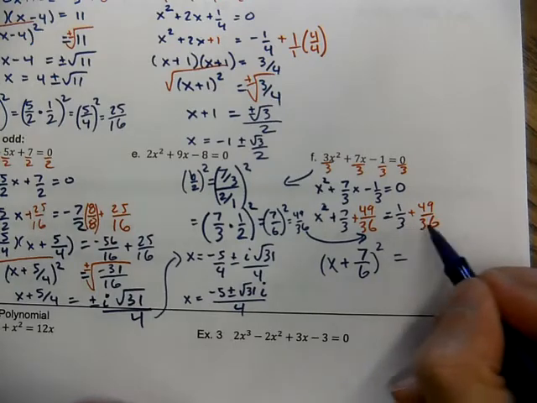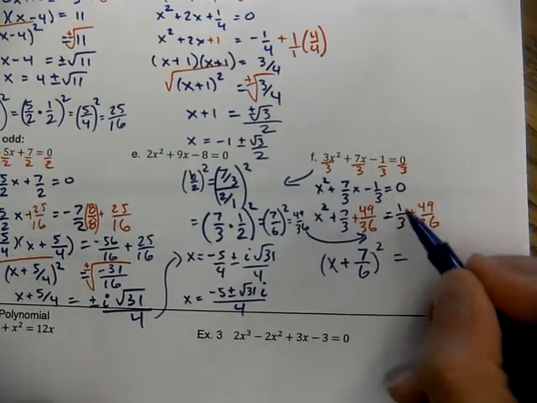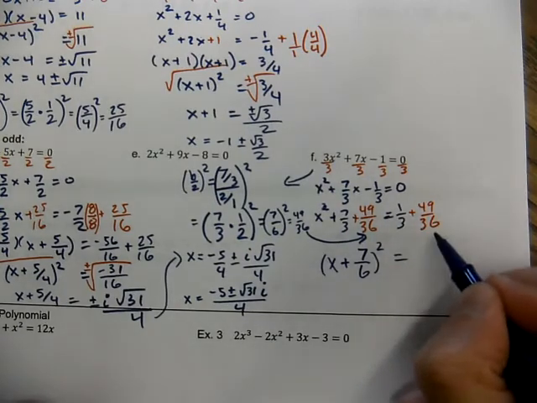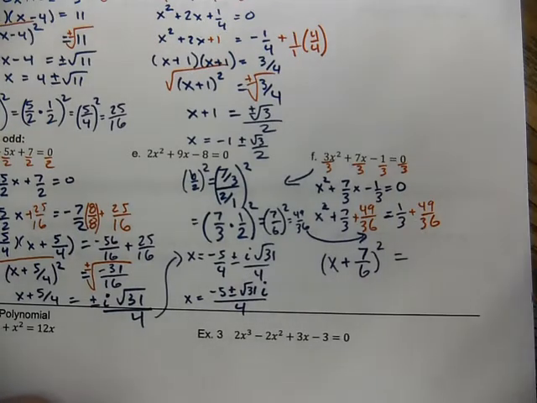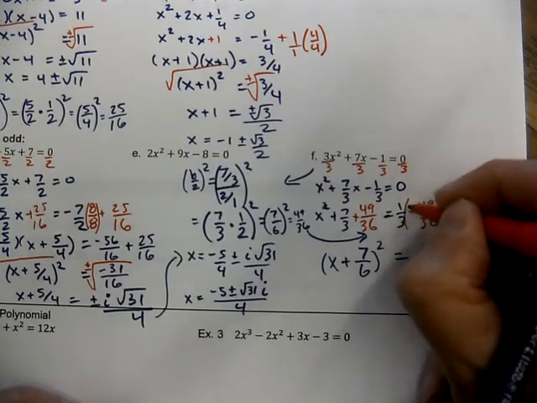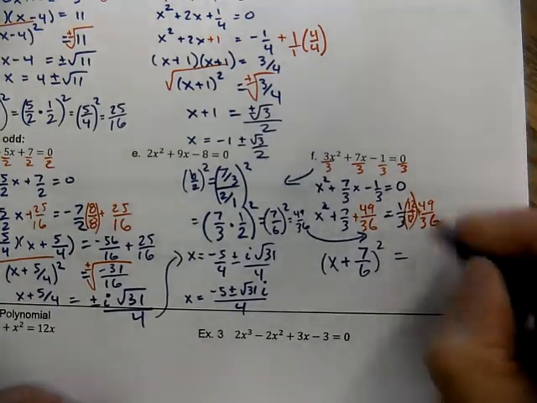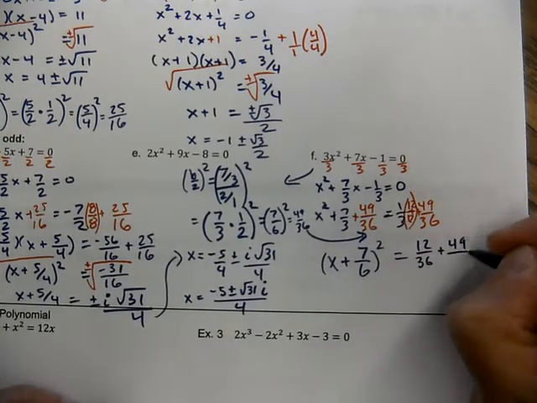Now on the right-hand side, we don't have that common denominator. So I need to multiply that 1/3 by something so that we have a common denominator of 36. So I'm going to multiply that by 12 over 12. So that means we have 12/36 plus 49/36.